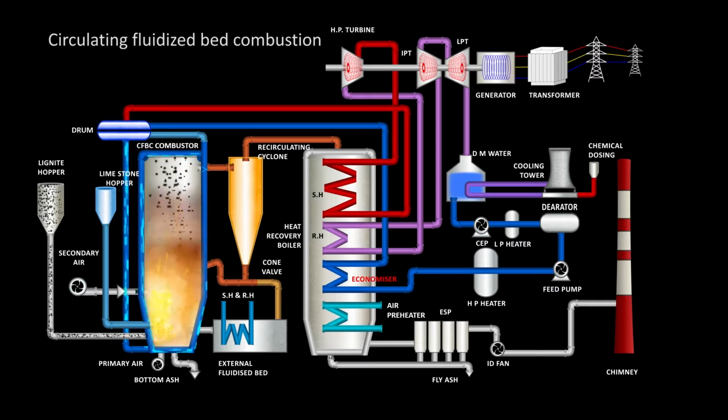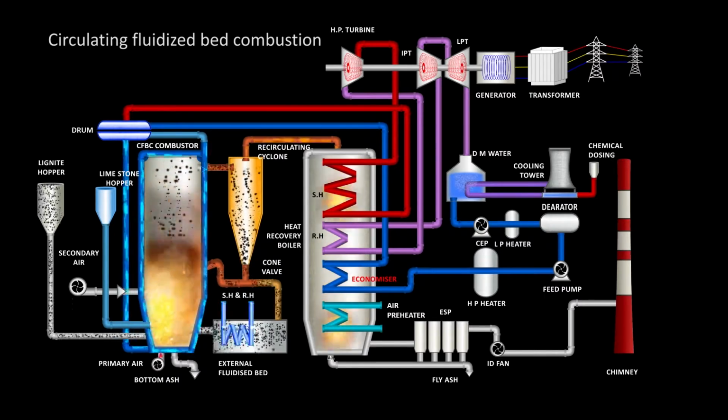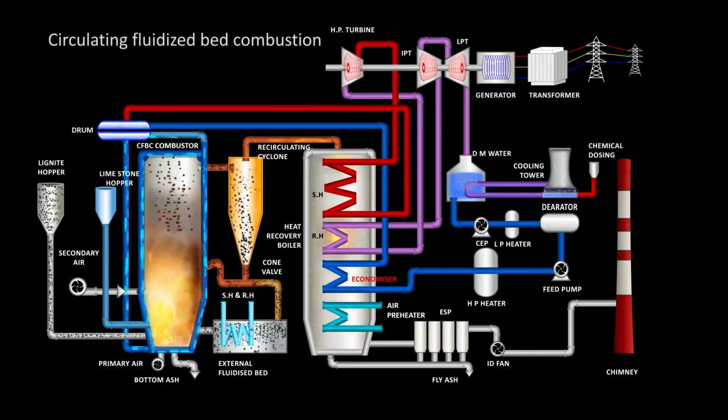The hot bed material circulates internally in the combustor and dissipates heat to the surrounding water walls. Some portion of the fine bed material goes out of the combustor and is returned back through recirculating cyclone. The bed material from the cyclone can also be diverted to bed heat exchangers, where the heat is transferred to part of reheater and superheater placed there.